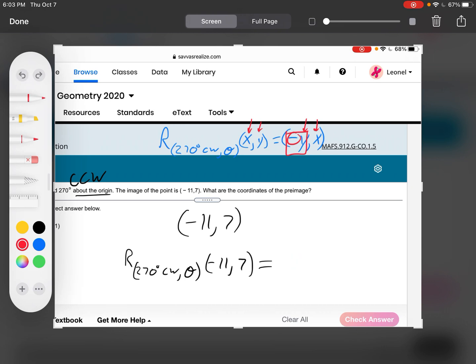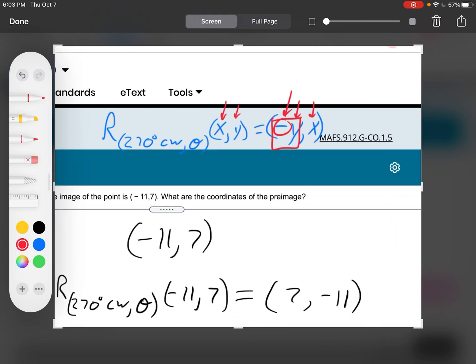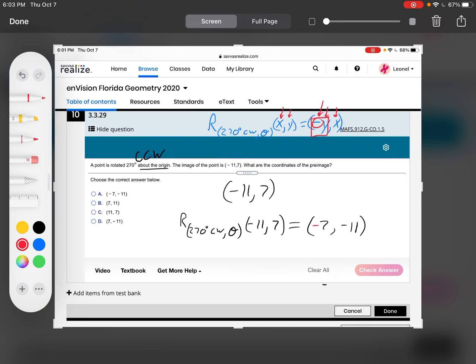The 7 is going to come to the front, the -11 is going to go to the second position, and then we're going to change the sign of the one in the front, the 7, to negative. So -7, comma, -11 is the answer. So the answer is A.